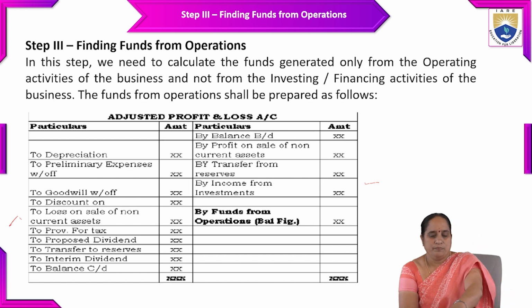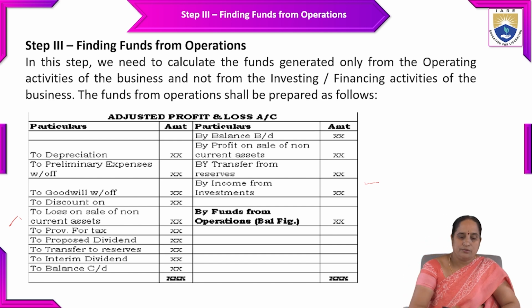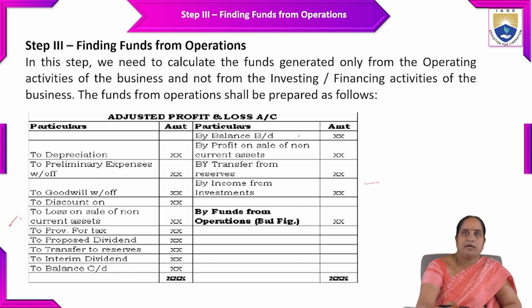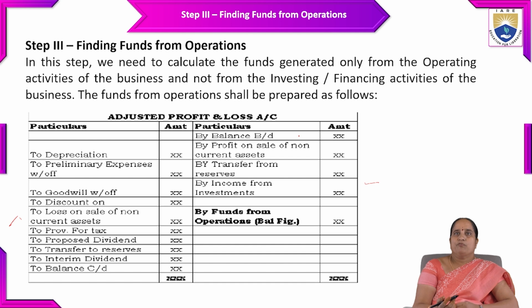So coming to the right hand side, which is known as the credit side, we should consider by balance brought down, by profit on sale of non-current assets, by transfer from reserves, by income from investments. All together we used to consider as by funds from operations. That balance figure itself indicates funds from operations.